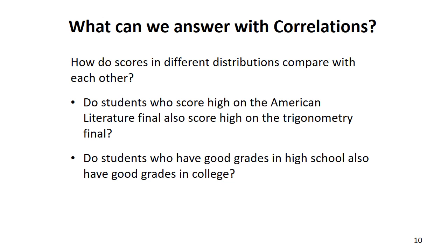Well, quite a lot, right? We can predict things, which is pretty important, and we can answer questions about whether data that we do have shows a pattern emerging in it. So is there some sort of association between two variables? You'll be able to say yes or no with correlation and have a pretty good idea of the strength of that association as well when you have a correlational value.